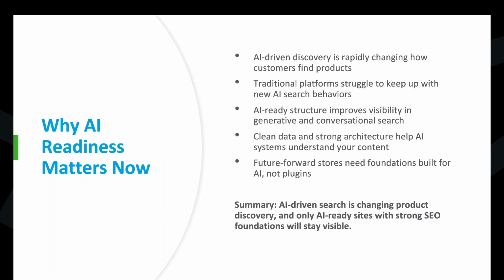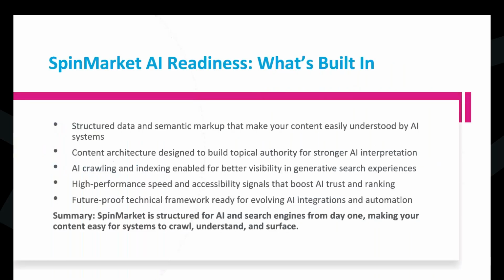So that's all fine and dandy, but what is built into SpinMarket? AI readiness is becoming one of the biggest differentiators in e-commerce that we're seeing across the board, especially for businesses coming from plug-in dependent platforms. Search is no longer just a list of links.